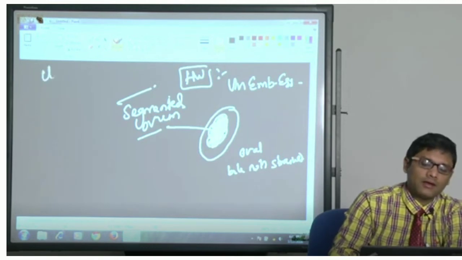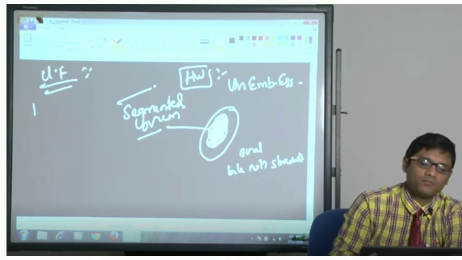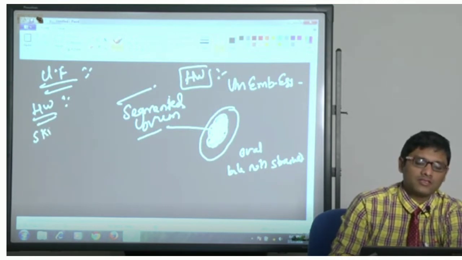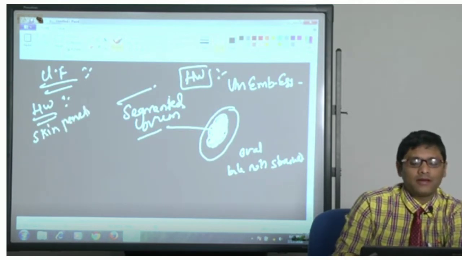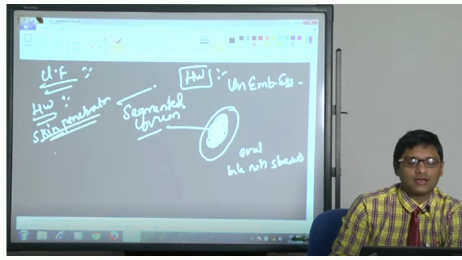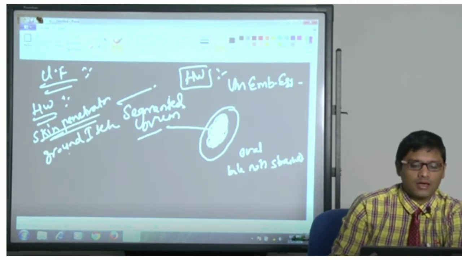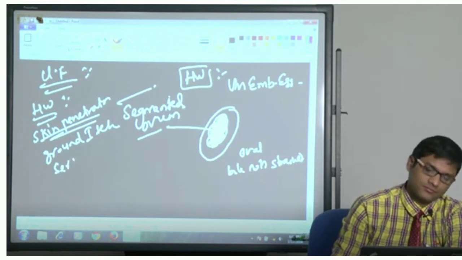And regarding the clinical manifestation, hookworm enters through skin penetration. So at the skin penetration site you will have a local lesion like ground itch and serpentine ulcer.